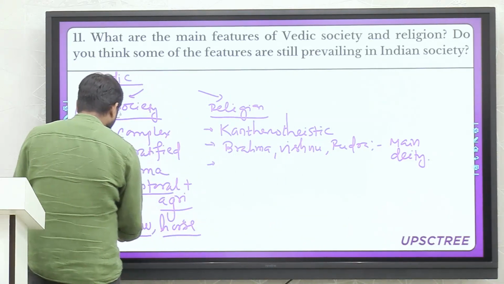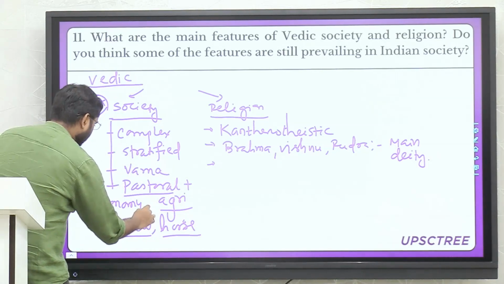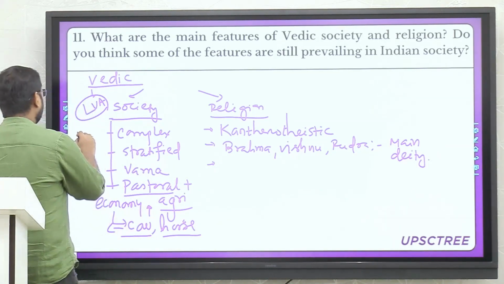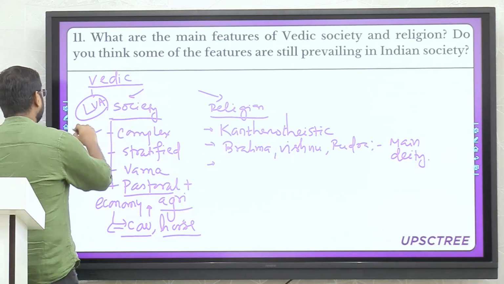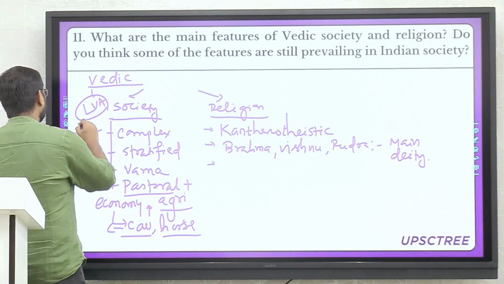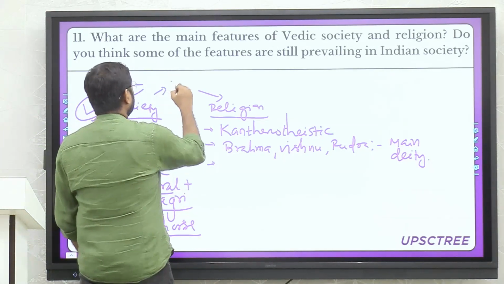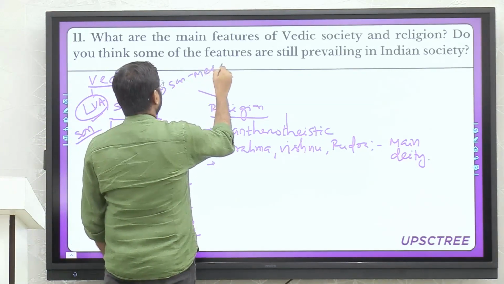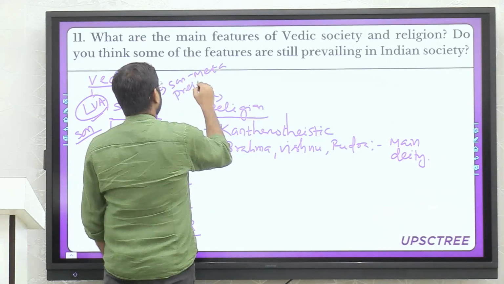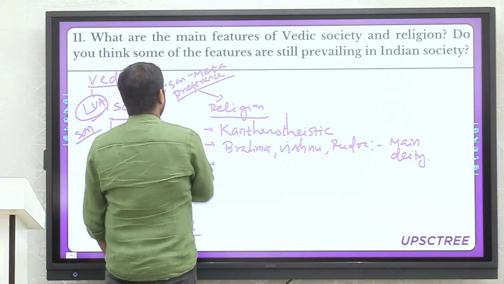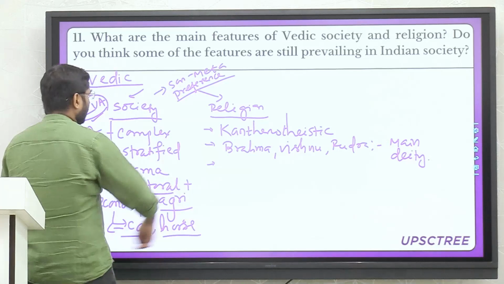Horse was kind of worshipped at this point of time, and there are Vedic hymns that talk about asking the Lord to give a son, so son preference was there. Okay, son preference etc. is there. And what was there in religion?